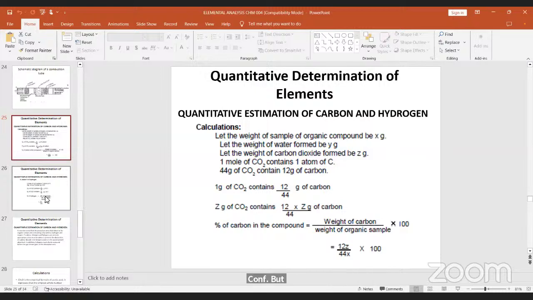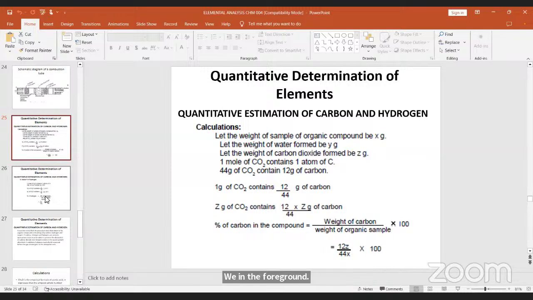But we've been told that when you burn the compound that has that 24 grams, it's going to give you a certain amount of carbon dioxide. So let's call that Z gram, as you have on the slide. It's going to give you a certain amount of water. Let's call that Y gram. Again, remember that we have an organic compound as our sample that is weighing 24 grams.